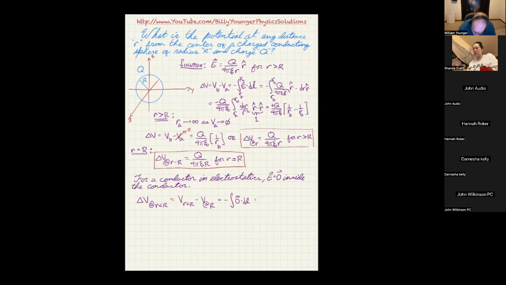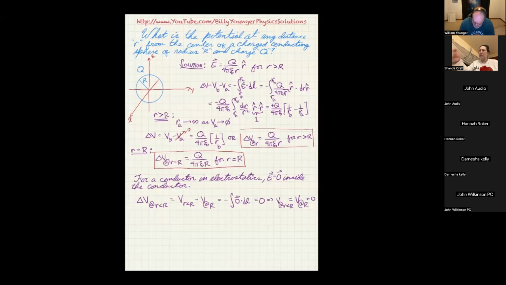That means that V at r less than R is just equal to V at R. Well, you could say V at R plus 0, so you'd see how it came from that equation right there.